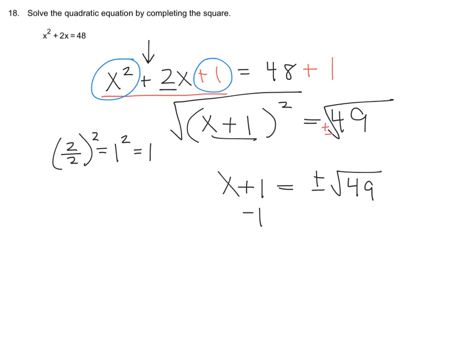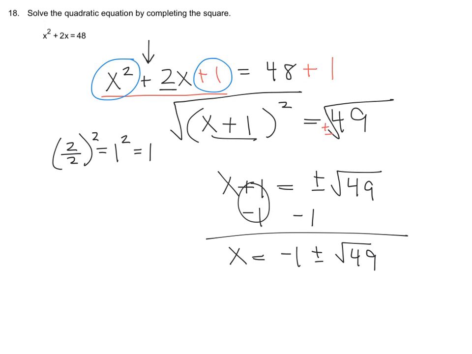Next, we can subtract 1 from both sides to isolate the x, and I'm left with x equals negative 1 plus or minus the square root of 49. Now the square root of 49 is 7, because 7 times 7 is 49. So I can reduce this to x equaling negative 1 plus or minus 7. Since there's a plus or minus sign there, I really have two equations or two solutions.